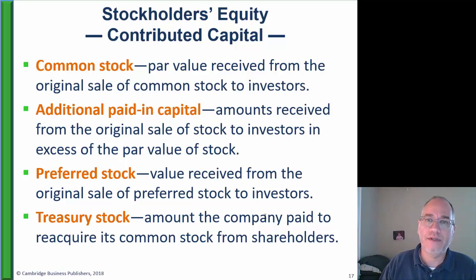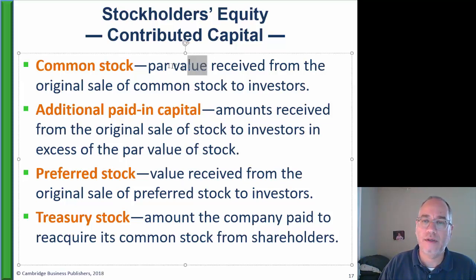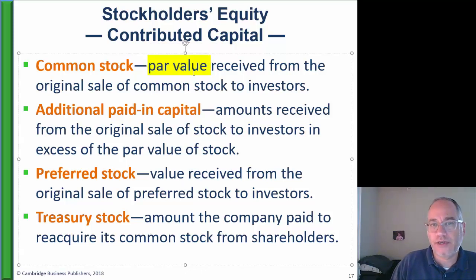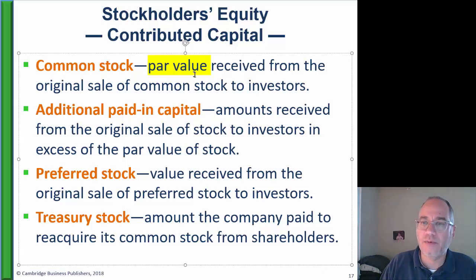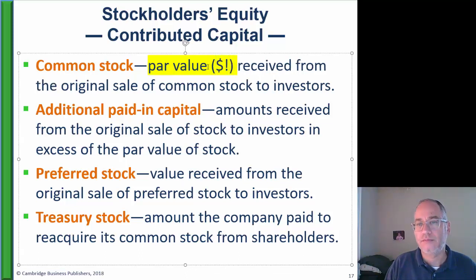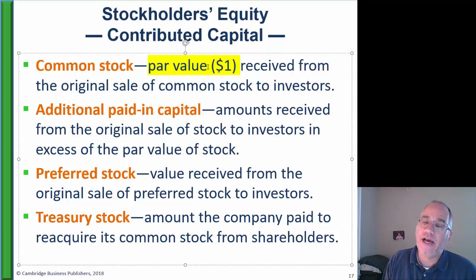Companies usually have something called par value. And this is really an arbitrary value that's assigned to the stock. So let's say you have $1 par value. When investors buy your stock, they don't pay par value, but they pay something extra.